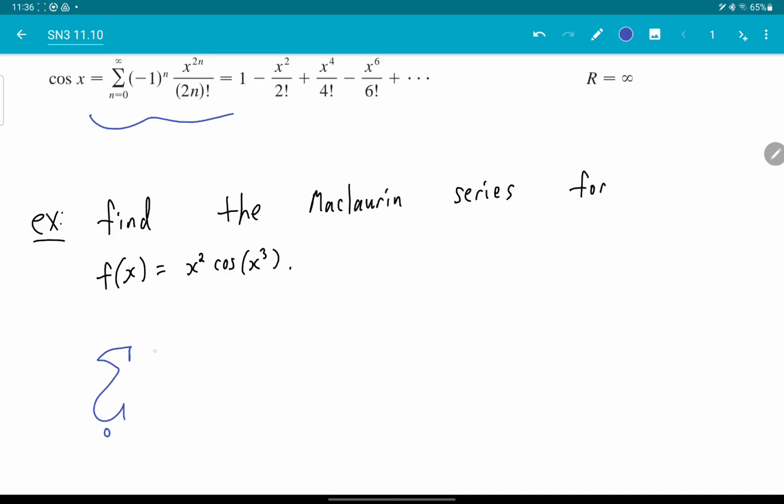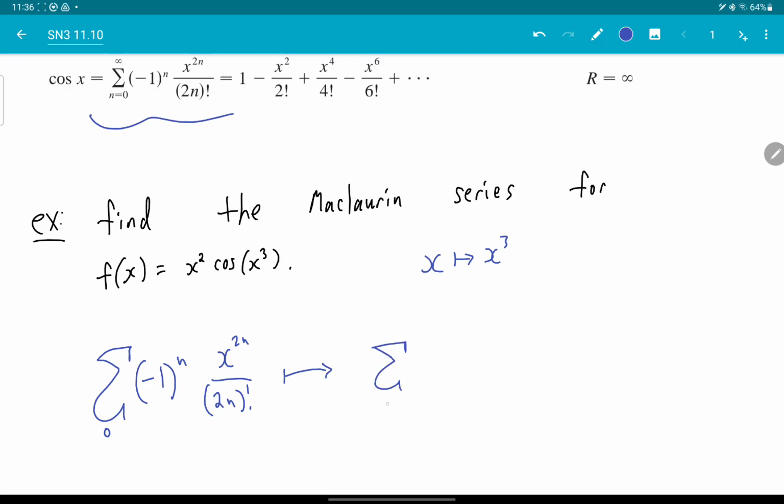And starting at 0, negative 1 to the n, x to the 2n over 2n factorial. And then I'll do a substitution. X is going to be replaced with x cubed. I'll do that first.